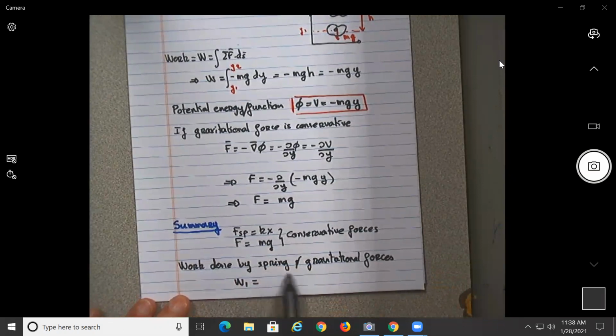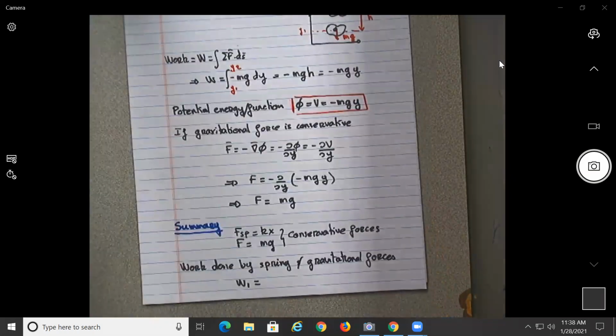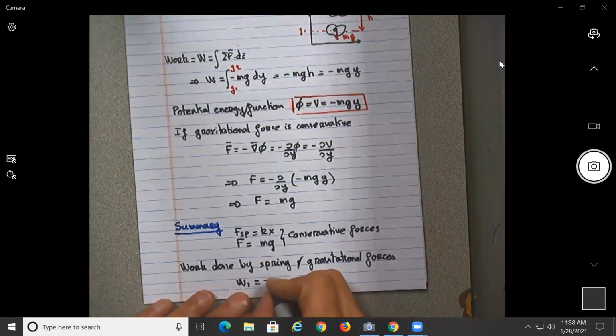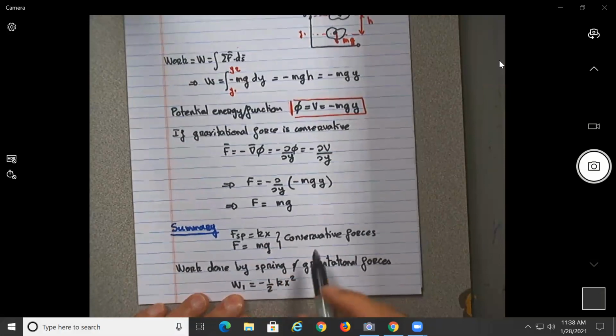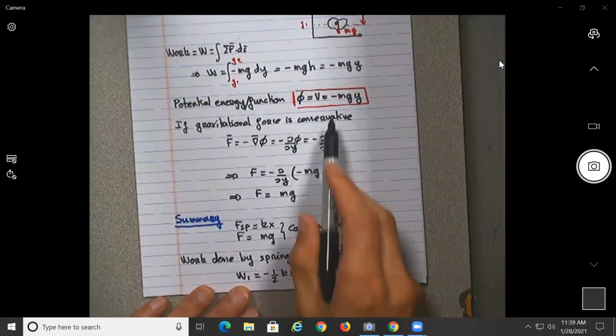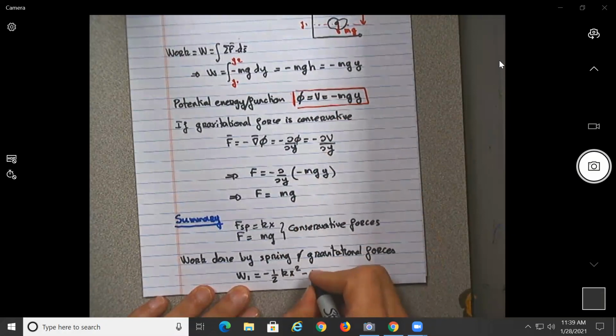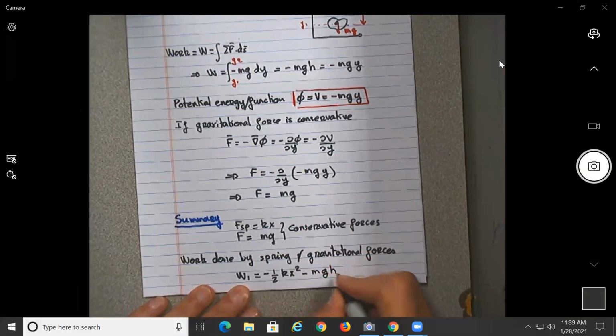So what is the work done by the spring? We say that it was equal to what? Negative 1/2 kx squared. And the last one, what is the work done by the gravitational force? Minus mgy, we could just say minus mgh.